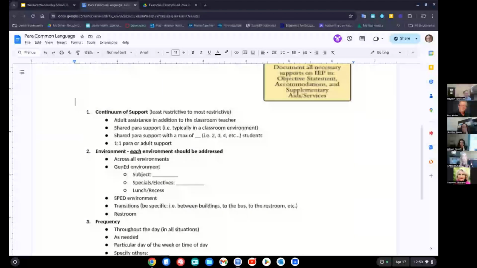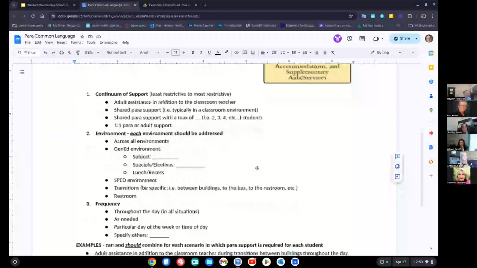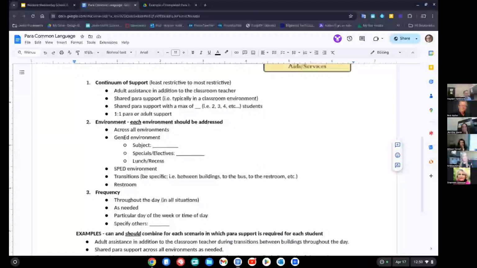So are we looking at adult assistance in addition to the classroom teacher? Can that student share para support with another student? Do they need their own paraprofessional, so a one-on-one para or adult? And we've really tried to have teams specify as much as possible what that looks like, even in different settings.